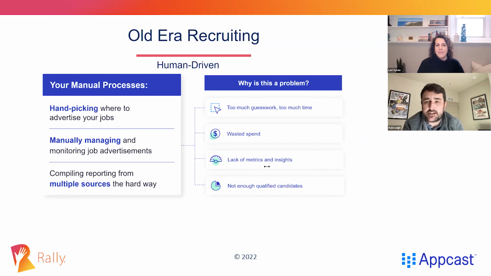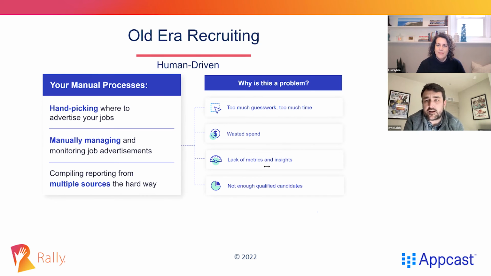Really, we need to transition away from the old era of job advertising, which traditionally has been very human driven. A lot of recruiters or hiring managers figuring out which jobs need to be advertised by manually going inside the ATS, figuring out which jobs don't have enough candidates, and then manually saying, okay, I want to advertise this job on this job board, and this job board.